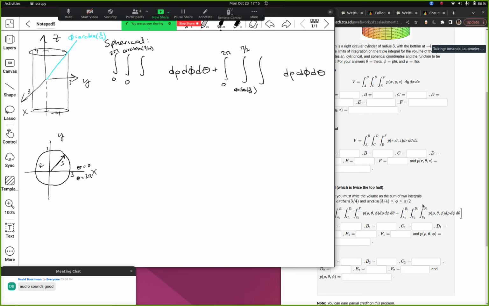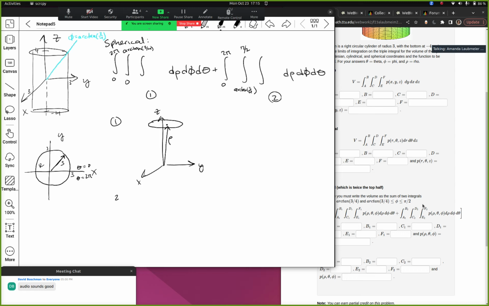And so really the only tricky part is that rho we haven't defined before and we haven't been given, so we have to figure that out. So I'm going to call these part 1 and part 2. So in part 1, rho has to be the distance from the origin to this disc shape.